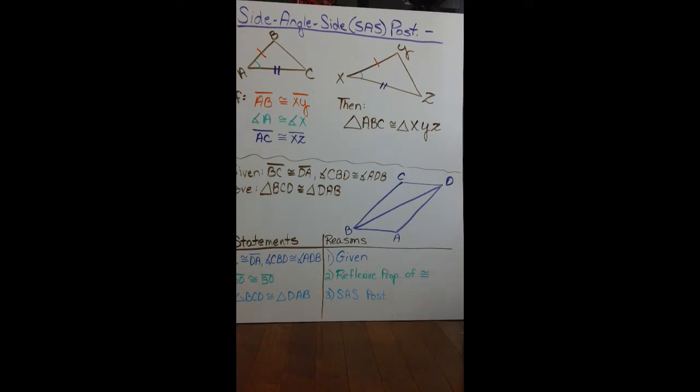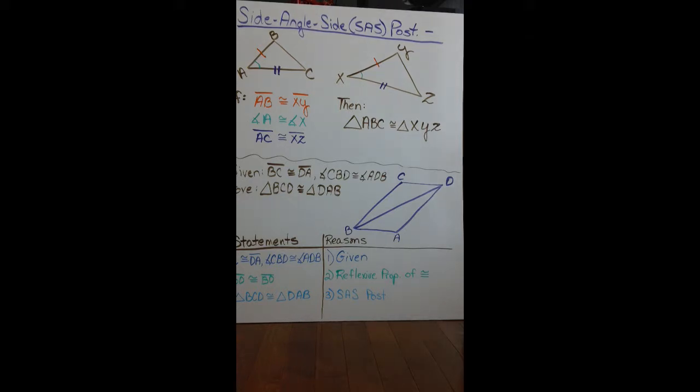So what we have, in our picture, is side AB congruent to side XY, angle A congruent to angle X, and segment AC congruent to segment XZ.